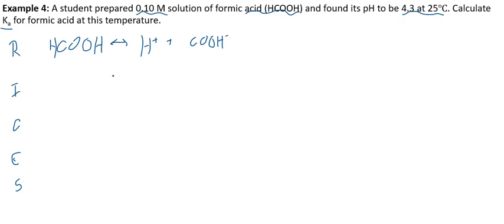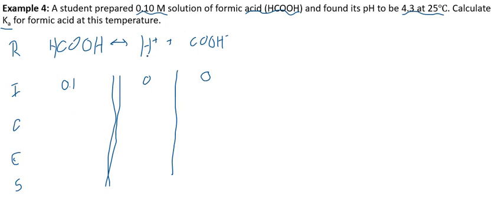All right, my initial concentration of formic acid is going to be 0.1 molar, while my initial concentration of H+ and COOH- are going to be 0.